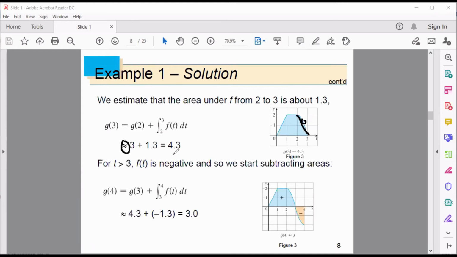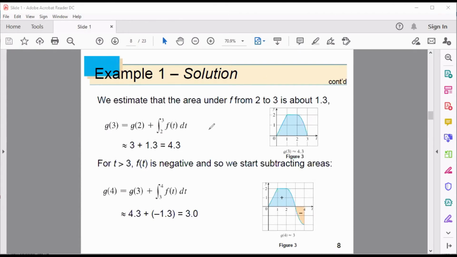It's just an approximation, about 0.3 of the upper triangle is colored. That's why he said 1.3. But it's not an exact value, it's just an approximation. And when we add 3 plus 1.3, it becomes 4.3.